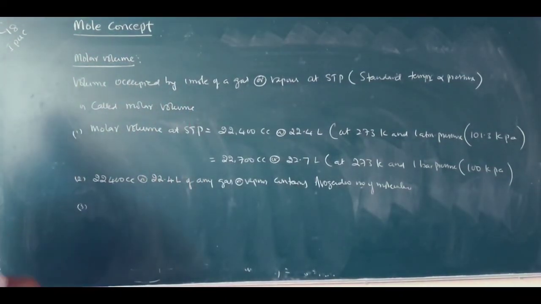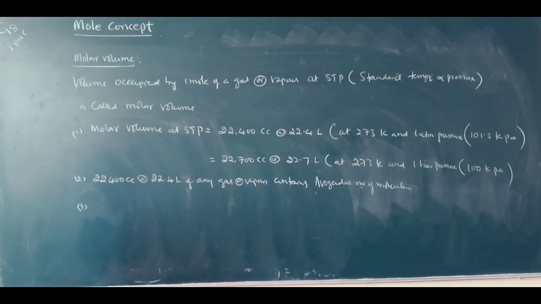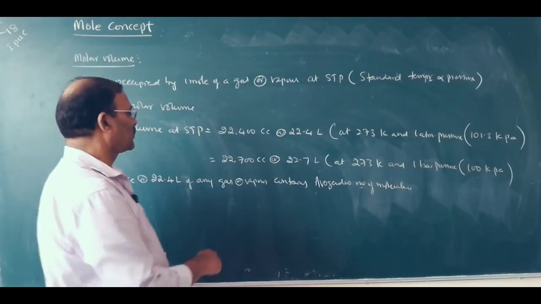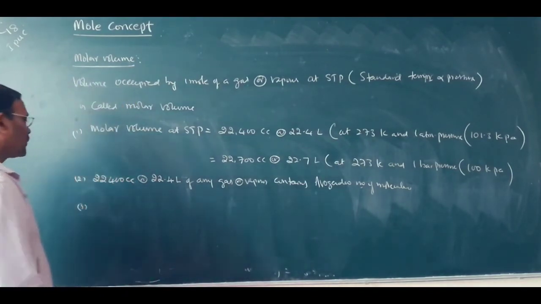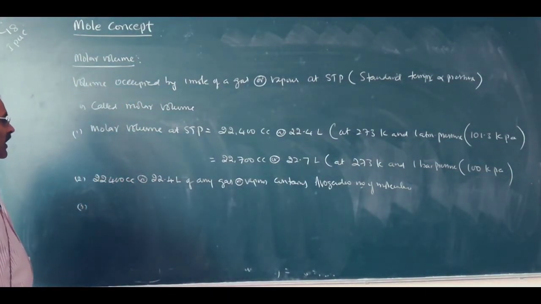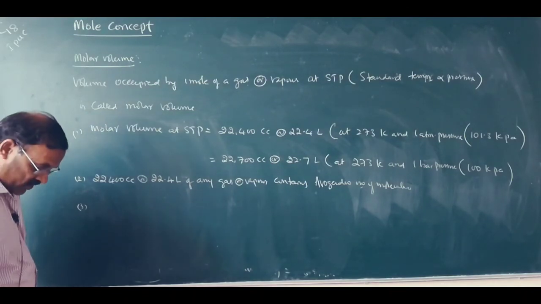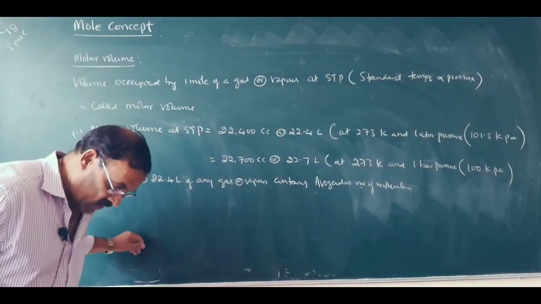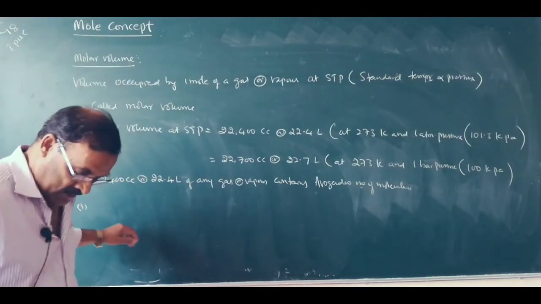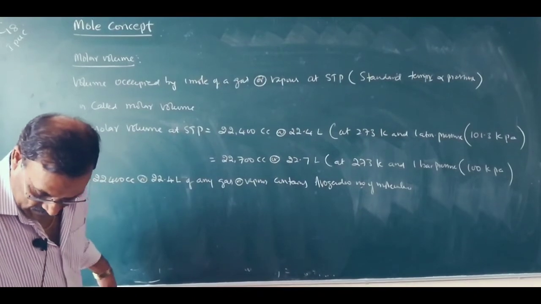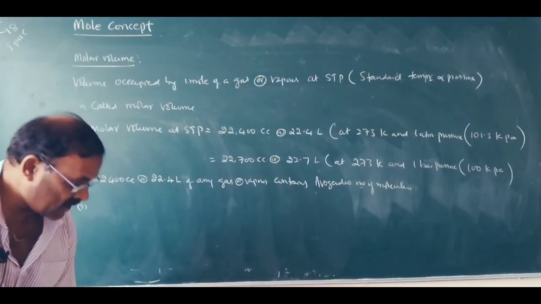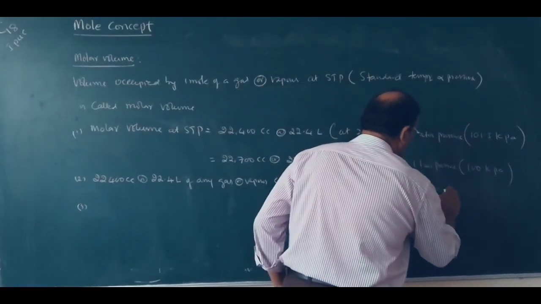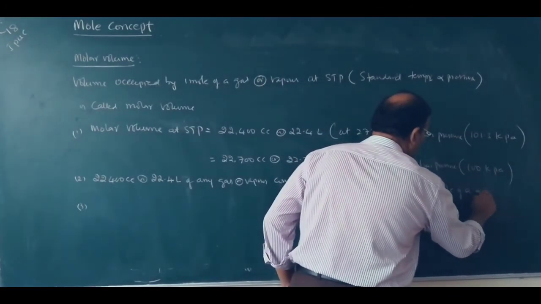And number 3, 1 molar is also called 1 mole. So 22,400 cc or 22.4 liters of any gas contains Avogadro number of molecules, and therefore it is called 1 mole of a gas.